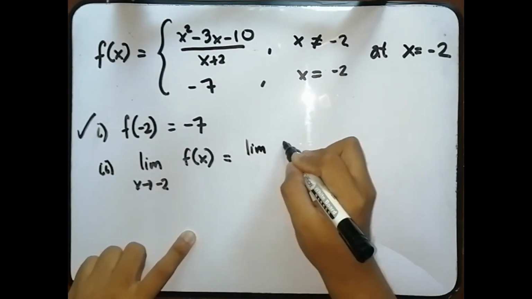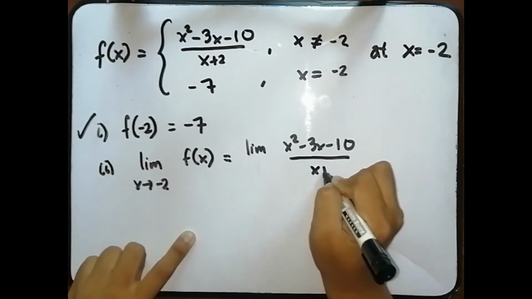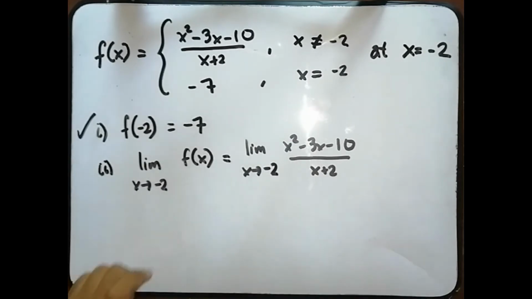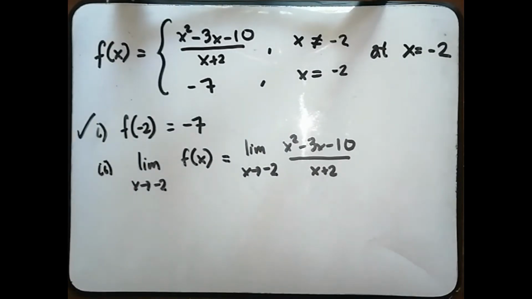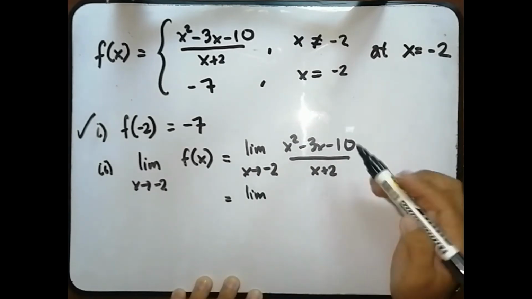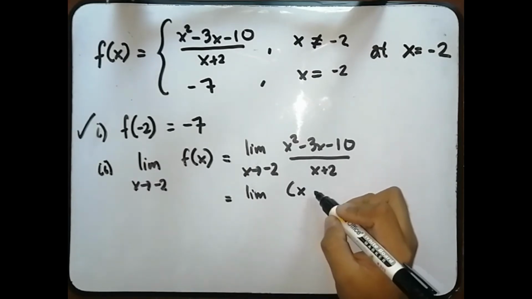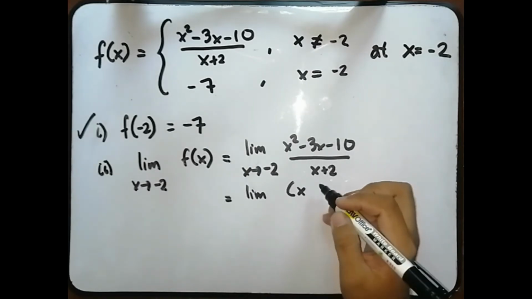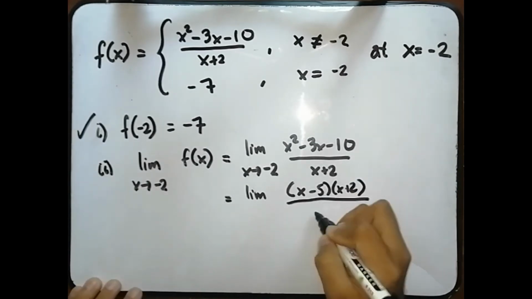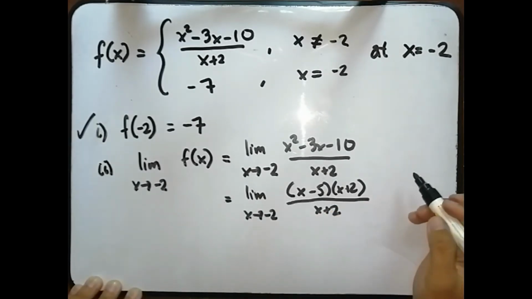So we have the limit of (x squared minus 3x minus 10) over (x plus 2) as x approaches negative 2. Then we can factor this out. We have (x minus 5) times (x plus 2) over (x plus 2) as x approaches negative 2.